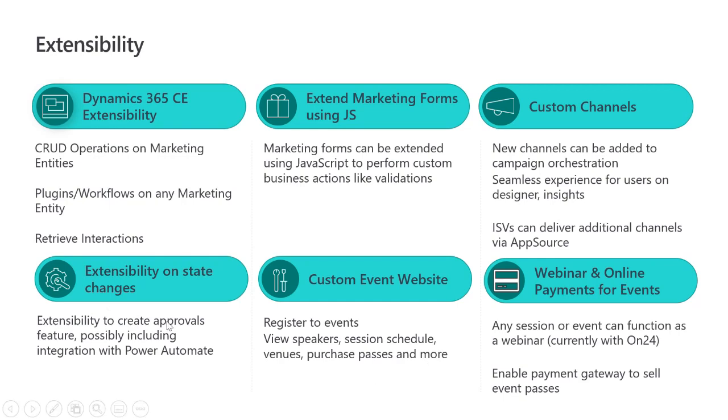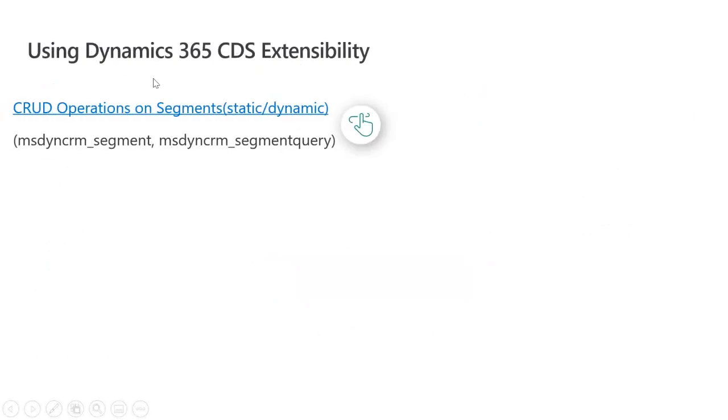Okay. Let's review those one by one quickly. So in terms of the CDS extensibility from a marketing standpoint, of course you can reach out to the contact entity, account entity, whatever, using the web API, but you can also retrieve, let's say, marketing records like segments.